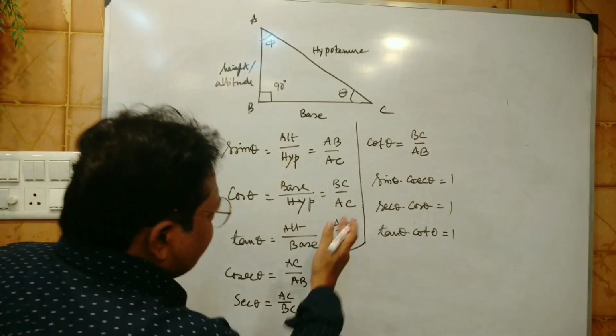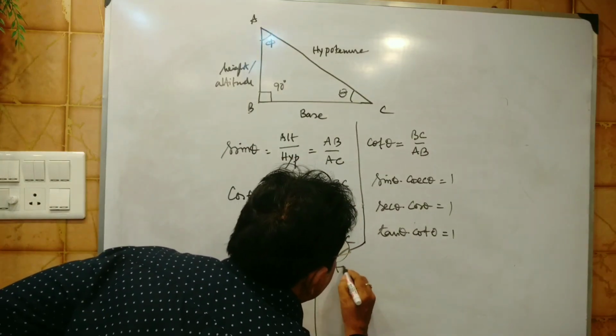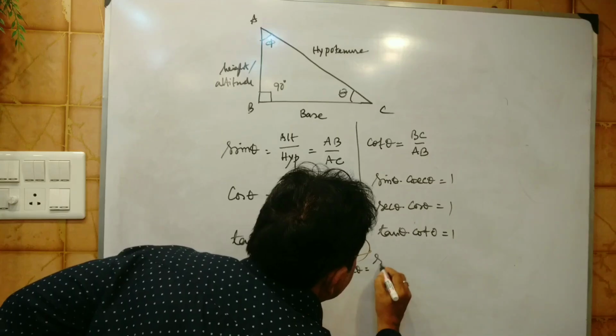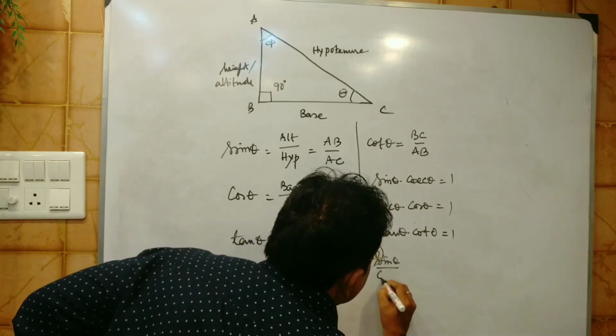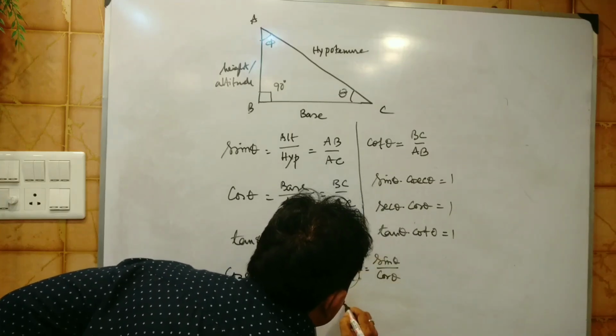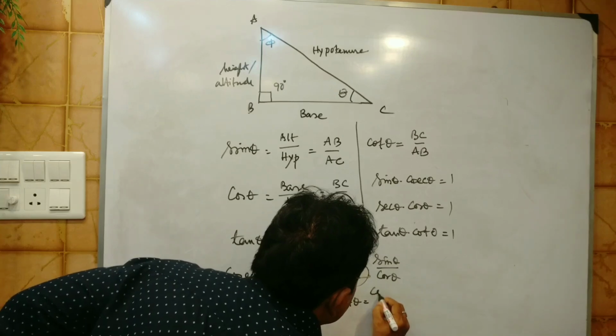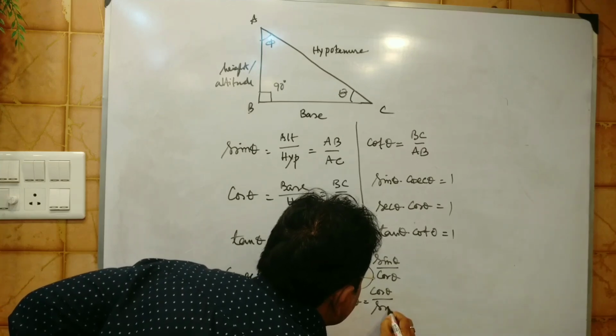And the relation I have written here, tan theta is equal to sin theta by cos theta, and cot theta is equal to cos theta by sin theta.